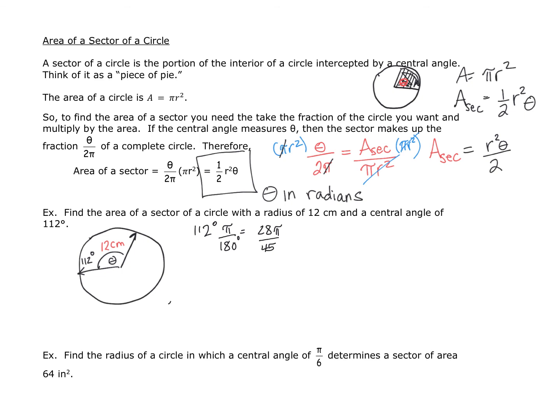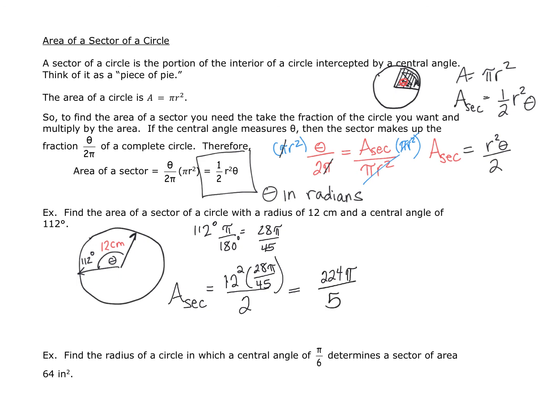And then we'll use our formula. Area of a sector is 1/2 r squared times theta, 28 pi over 45. And we'll end up with 224 pi over 5.